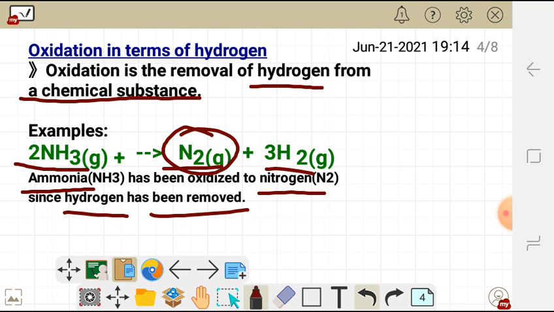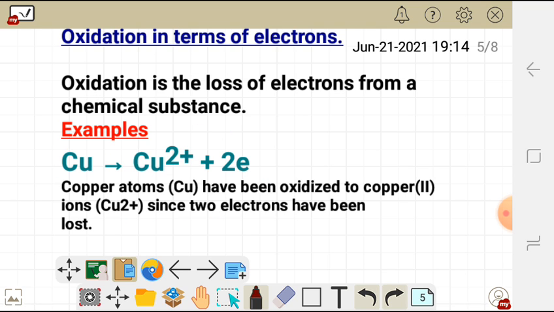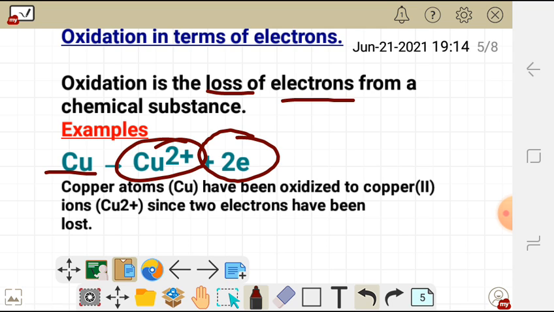Okay, and we can also define oxidation in terms of electrons. In terms of electrons, oxidation is the loss of electrons from a chemical substance. For instance, copper has lost 2 electrons in that equation to form copper 2 ion.